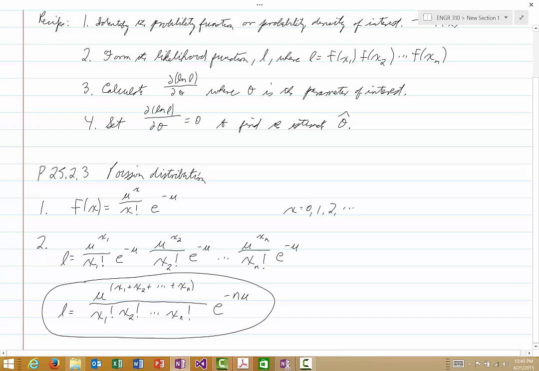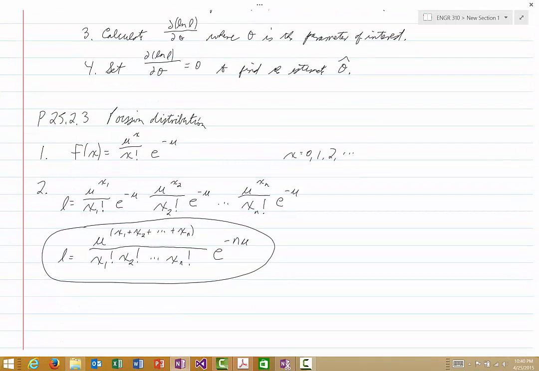And now for step 3, we want to calculate the derivative with respect to theta of the log of L. And now they tell us in problem 3 that the parameter of interest is mu.